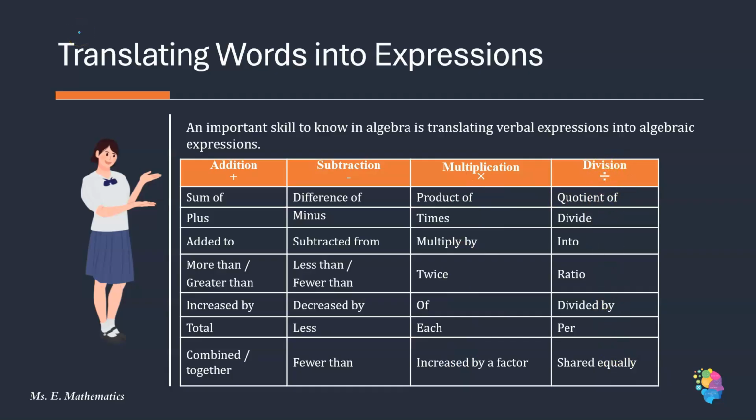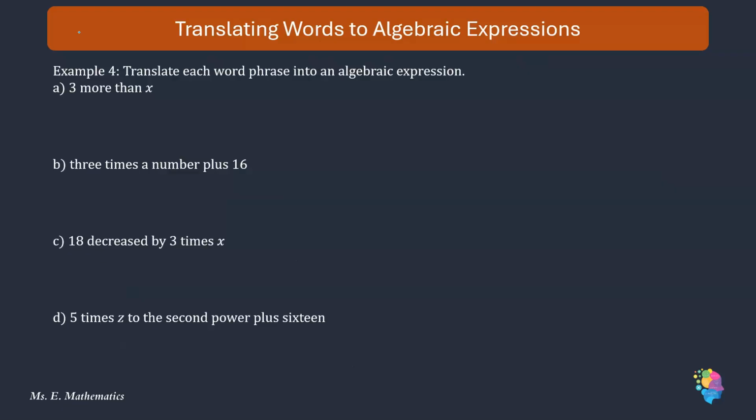Let's go try some examples using the list to translate words into expressions. Here we go. Example 4 is asking us to translate each word phrase into an algebraic expression. My recommendation is that you first go look for the keywords and then change it into either addition, subtraction, multiplication, or division. But remember, make sure that you are careful with the word than.